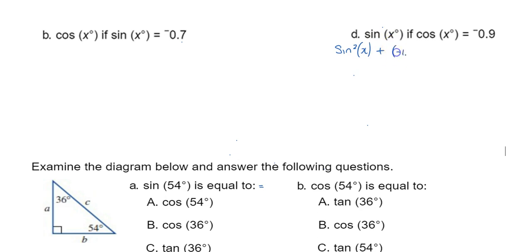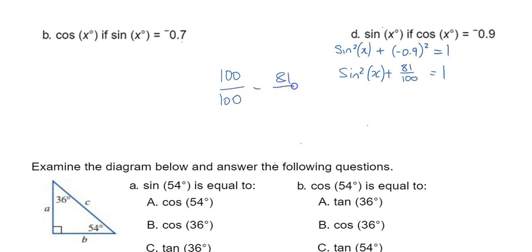Sine squared of x plus cos of x, 0.9, squared equals 1. 0.9 squared I can't do, but I can square 9 over 10, which is 81 over 100. Now we've got to take 81 over 100 away from both sides. So we can make this 100 over 100, minus 81 over 100, which gives us 19 over 100.